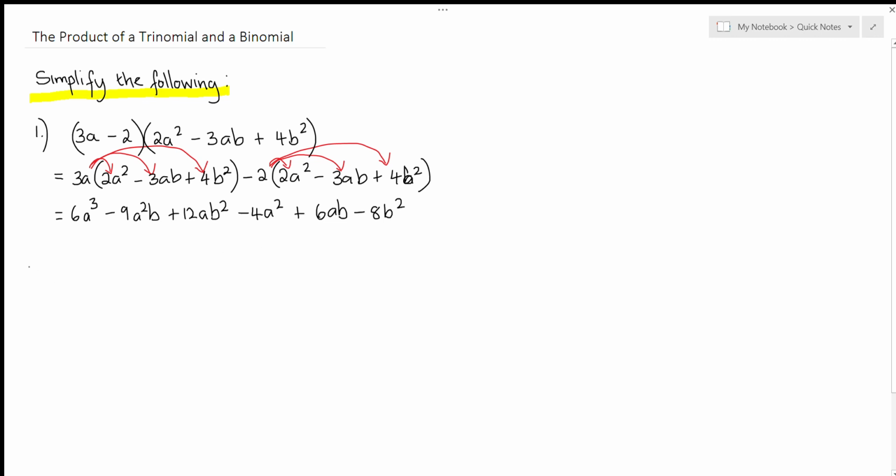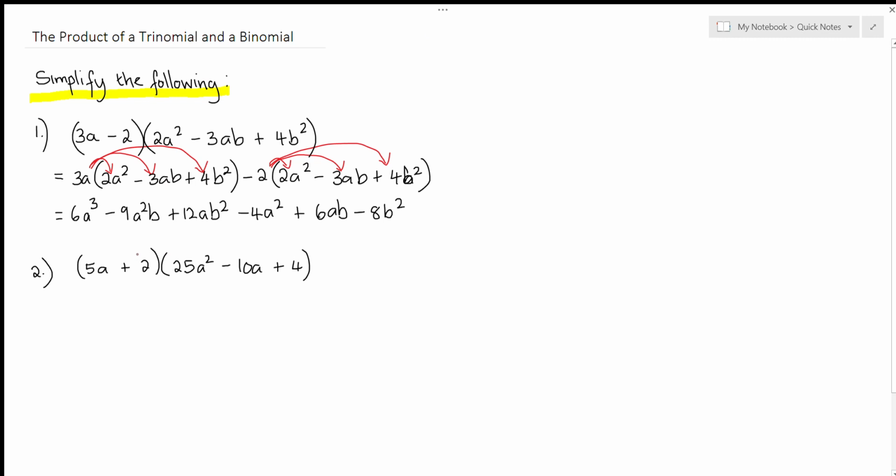Let's look at another example, number 2. Here we have 5a plus 2 times 25a squared minus 10a plus 4. Now I'd use another method.